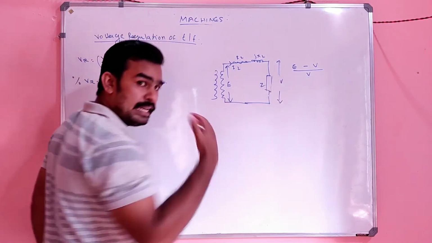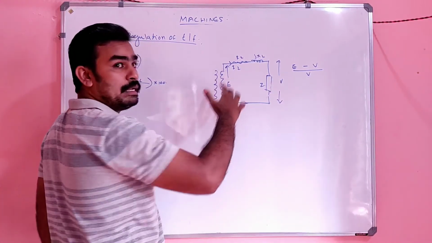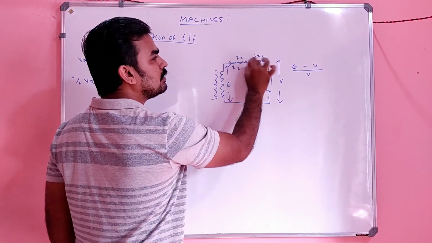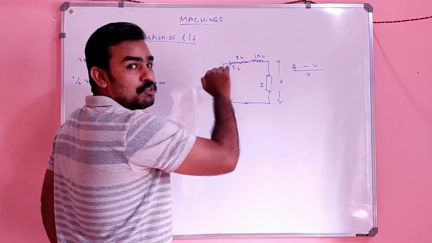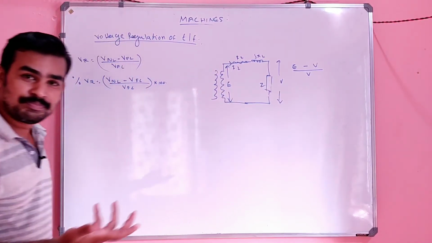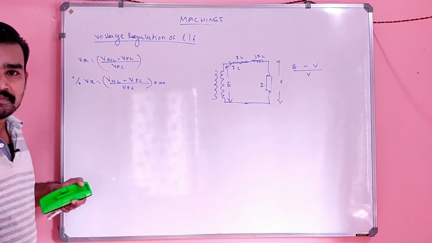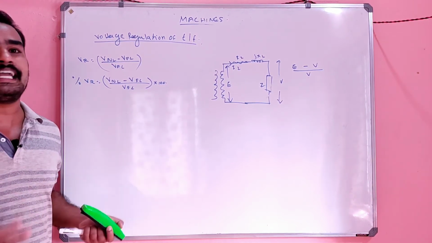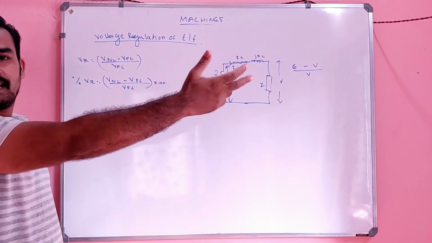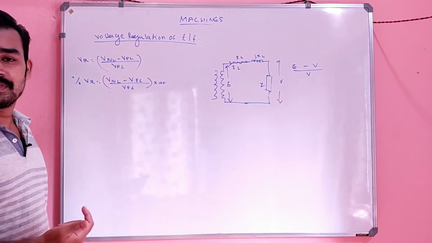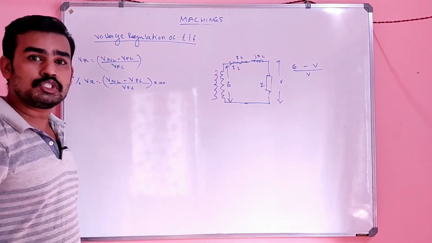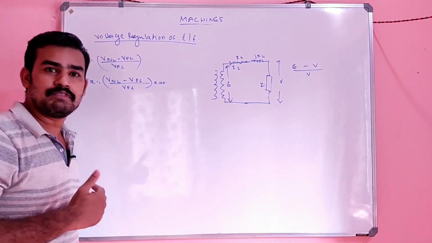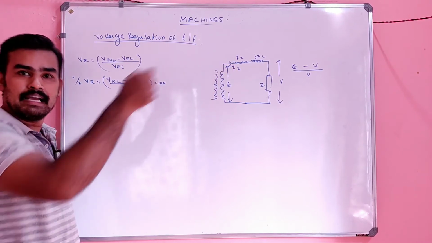If the voltage differs from E by a large extent, it means there is a large drop during transmission. In a power system we use the word perfect transmission. If you send a voltage and the transmission line carries too many losses, the voltage that we sent doesn't get there.